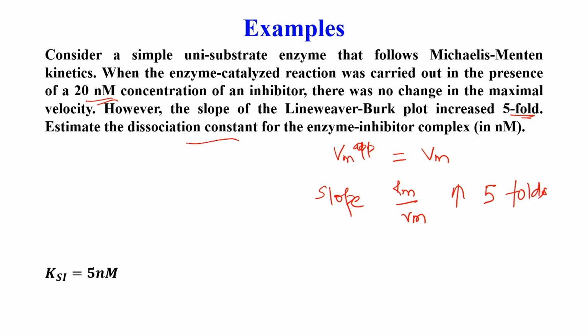So, you have to calculate the dissociation constant for the enzyme inhibitor complex. What we are seeing here is Km apparent upon Vmax equals 5 times Km upon Vmax.